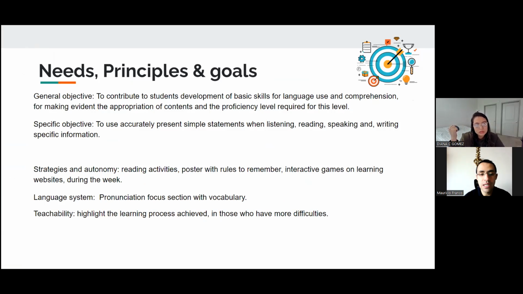As for the principles, we have many, but we want to select some, about the scope and the sequences: strategies and autonomy, language system, and teachability. We want to focus on reinforcing the weaknesses that the students may have during the week, because we have the problem that the class is only every Saturday for 2 hours. Okay.